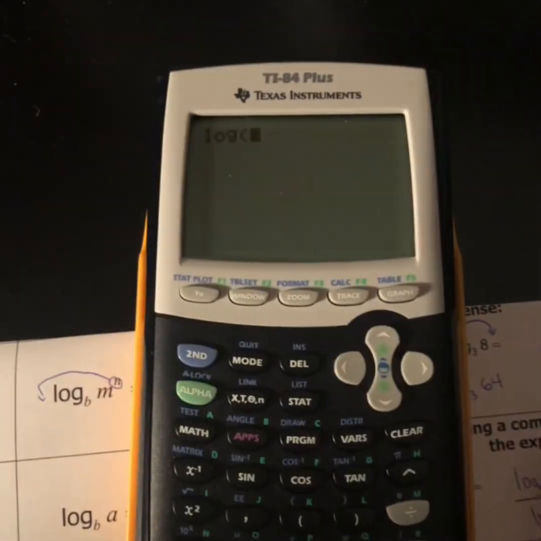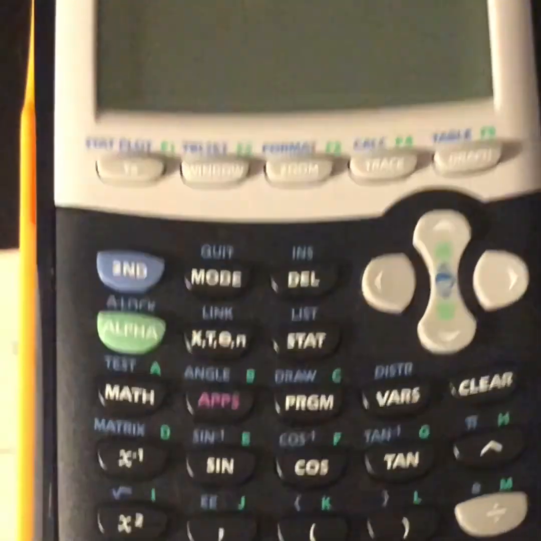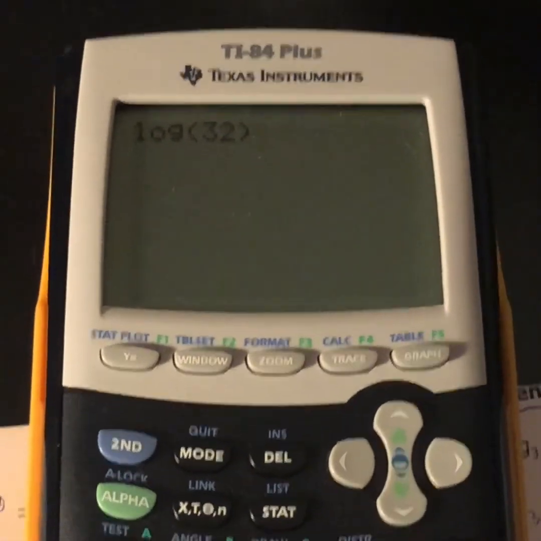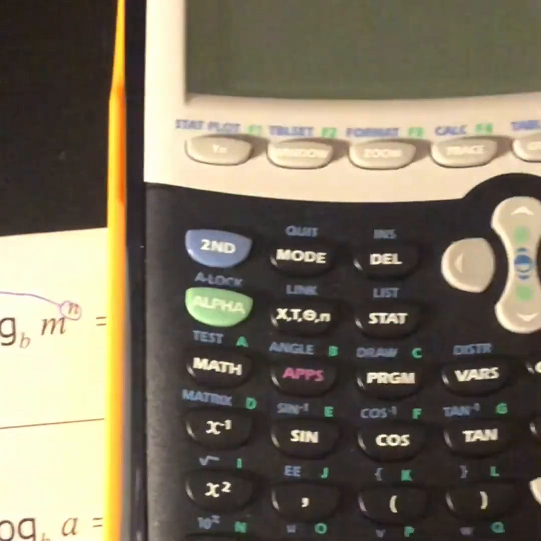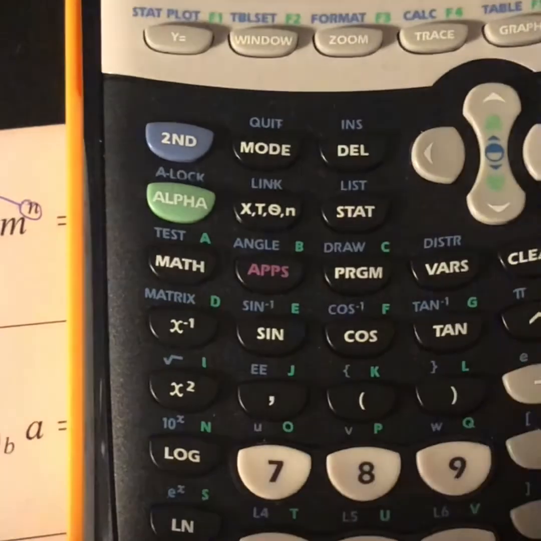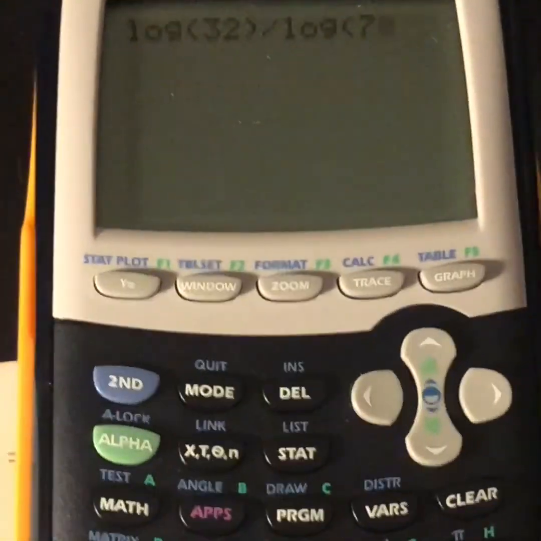So log of, the example here is 32. Log of 32, I would close the parentheses. Log of 32 divided by, I go back to the log key, log of 7, that's the example.